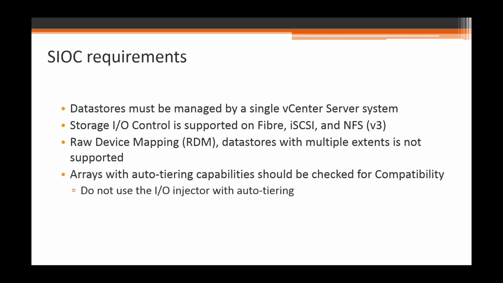But there could be situations where there's misconfiguration or where the auto-tiering technology is not real-time and is not responsive at the right time, or any other situation that causes auto-tiering not to respond at that time. What is your fallback in this situation? This is where Storage I/O Control can become very handy, because if your auto-tiering fails you, Storage I/O Control would come in and pick up the slack and basically save you from a bad day in IT land, right?